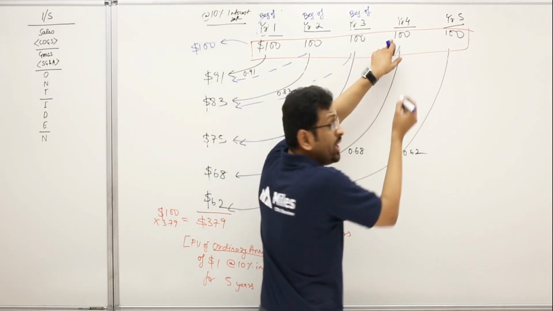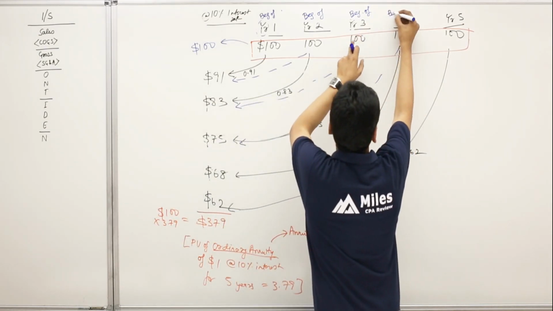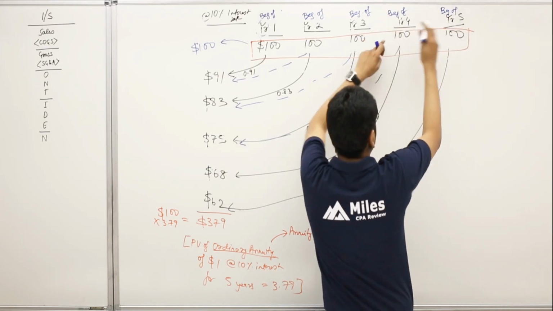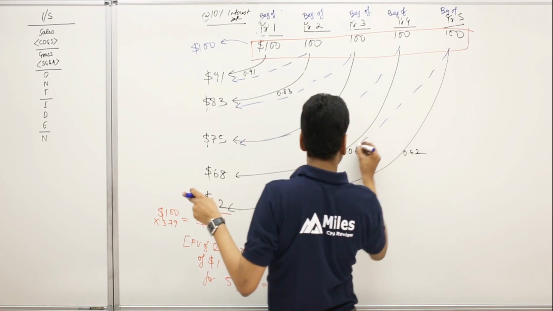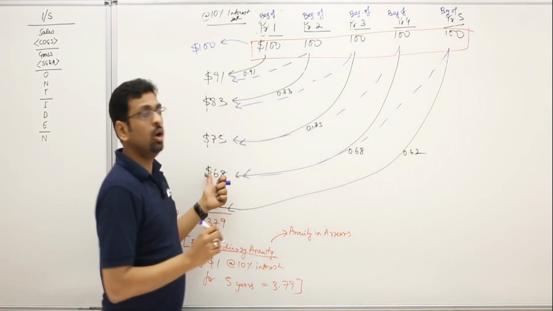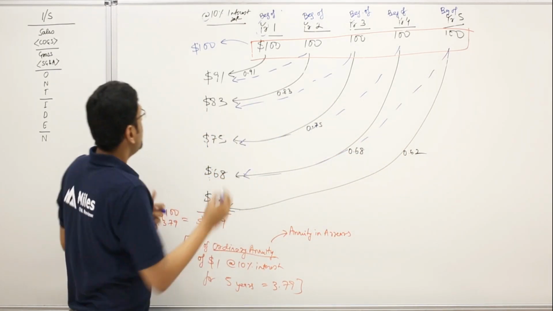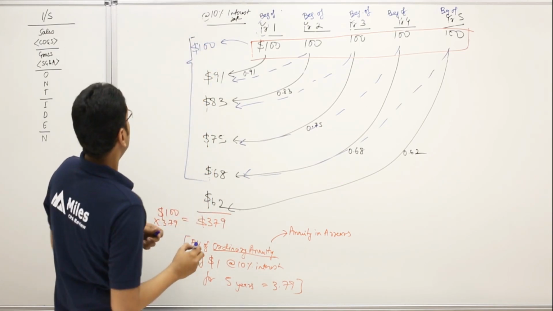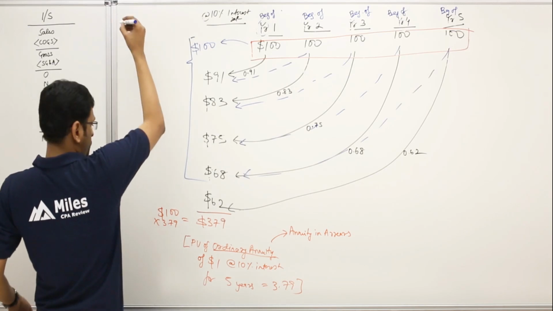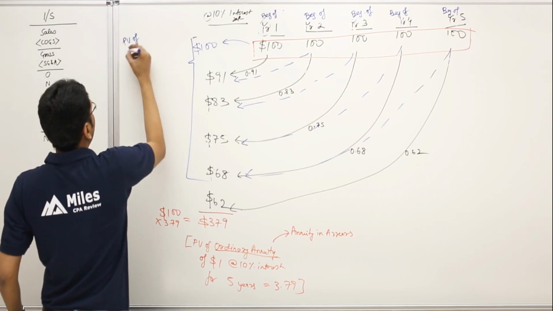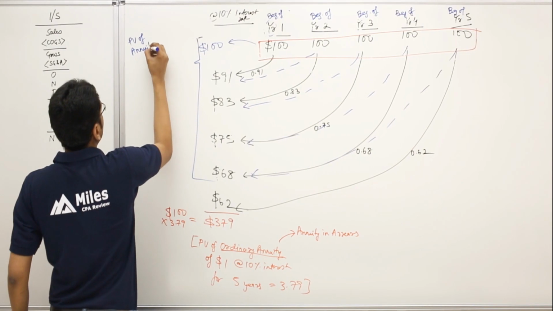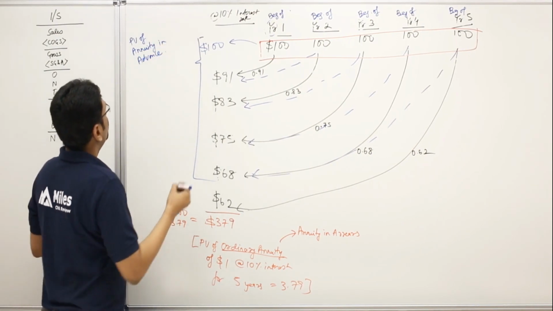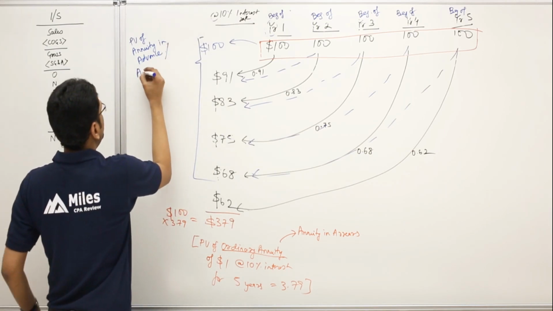So beginning of year 4 is the same as ending of year 3. Beginning of year 5 is the same as ending of year 4, and it's worth $68 today. So guys, now if I look at this annuity in advance, so I would say the present value of annuity in advance or annuity due.